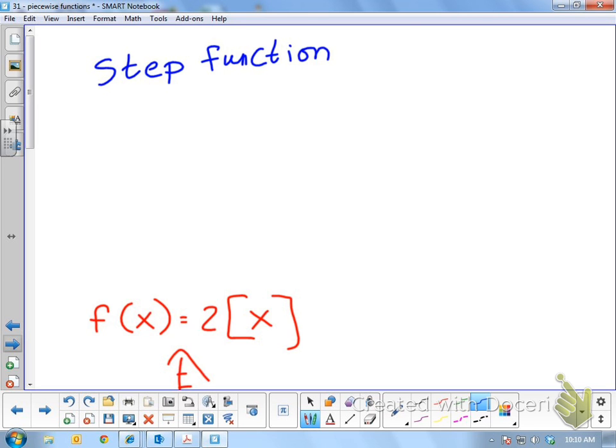Okay, page 277 talks about the step function.